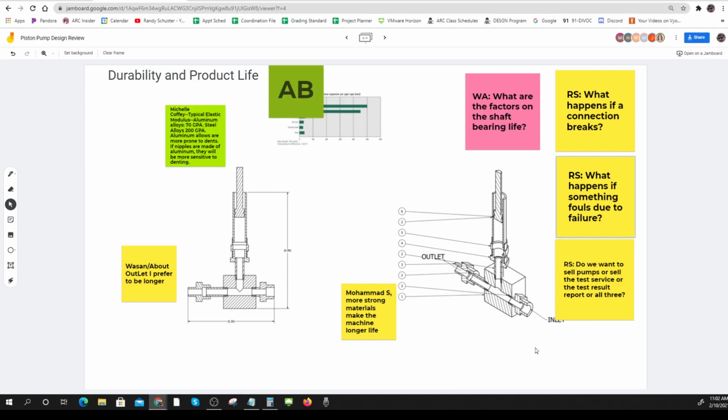Is it, something bad is going to happen, I'm going to make a mess and fix it and pick it up, or is it just I just have to fix the pump? What's going to happen if something breaks or if it fouls? Somebody post something on there. How bad is it?